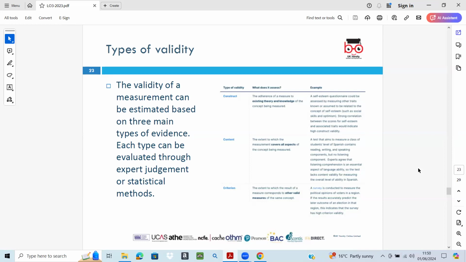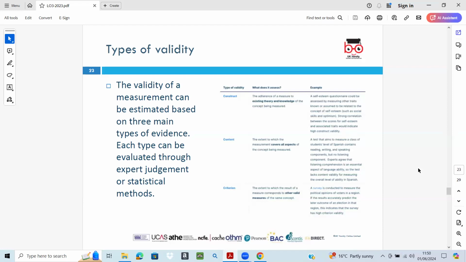It assesses whether the measurement is an accurate predictor of the desired outcome. Then criterion validity can be established by comparing the results of the measurement tool with an already established valid criterion, and statistical techniques like correlation analysis can be used to determine the strength of the relationship between the measurement tool and the criterion.